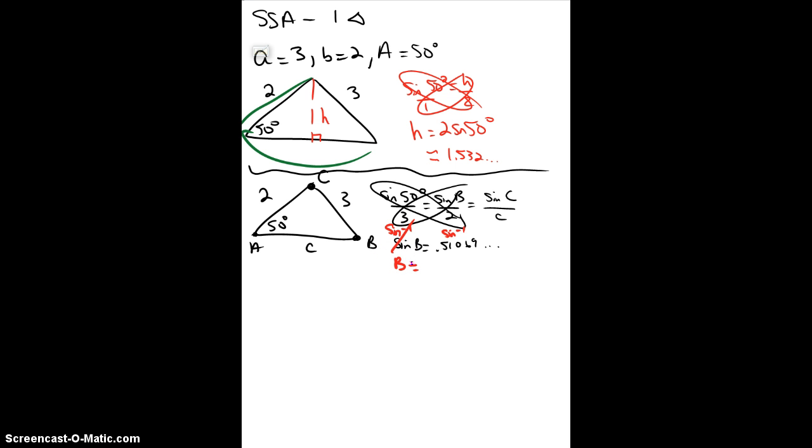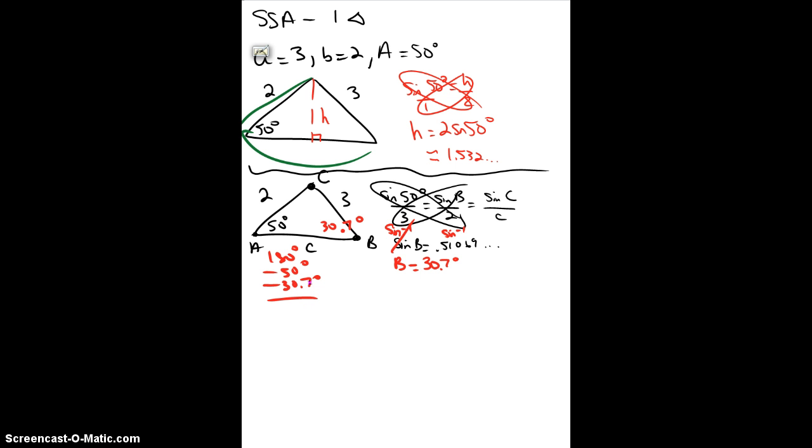So I can do my inverse sine to both sides, and I get B equals, so I'm going to hit my inverse sine, and so I get that angle B is 30.7 degrees. So again, to get the other angle, if I know angle B is 30.7, I can take 180 degrees minus my 50 and minus 30.7.